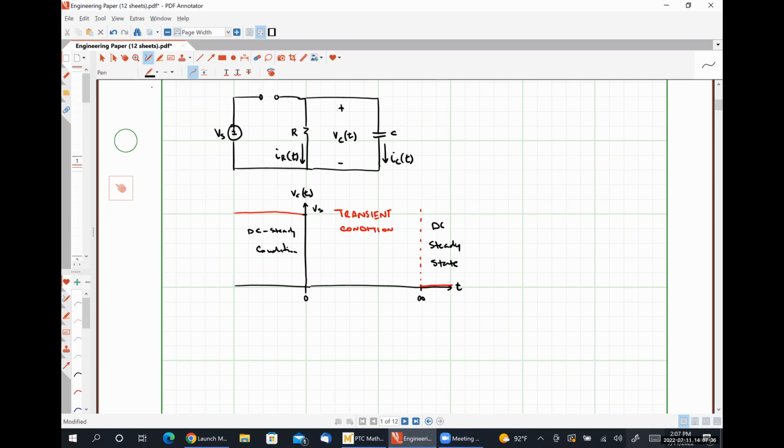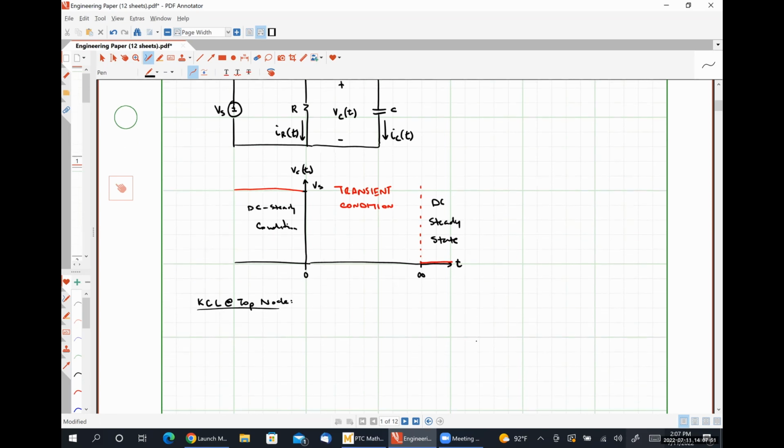So we're going to do that by applying Kirchhoff's current law at the top node. Which will simply give us Ir(t) plus Ic(t) is equal to zero.